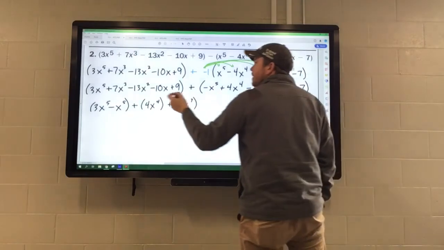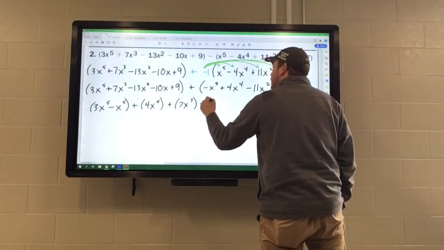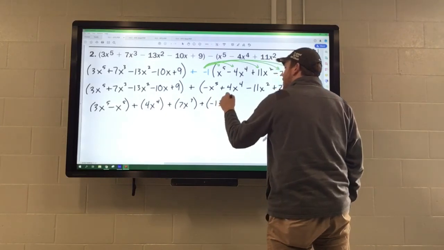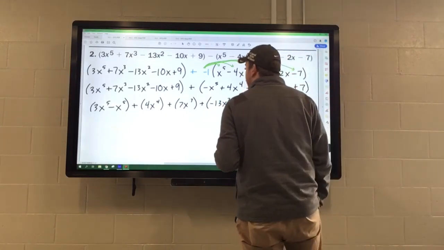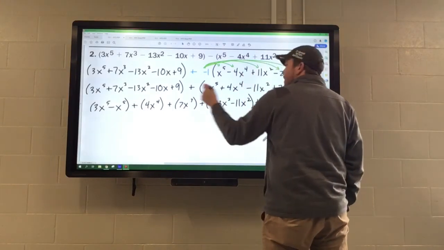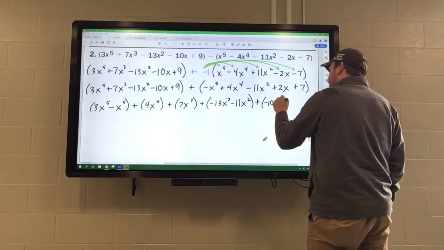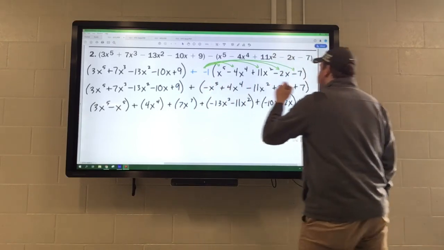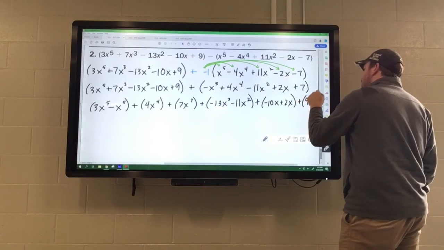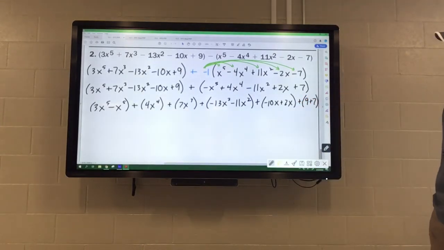Any x squareds? Yes, I do. I have negative 13x squared and a negative 11x squared. Any plain old x's? Yes, I do. I have negative 10x and a 2x. And then any constants, I have a 9 and a 7. So all I did here was I grouped like terms.